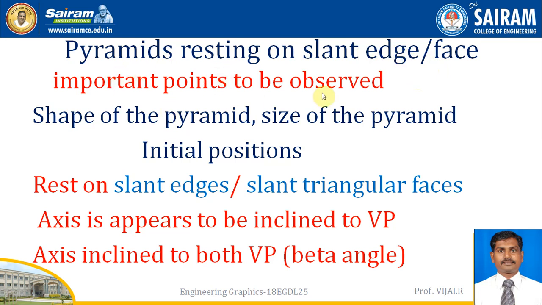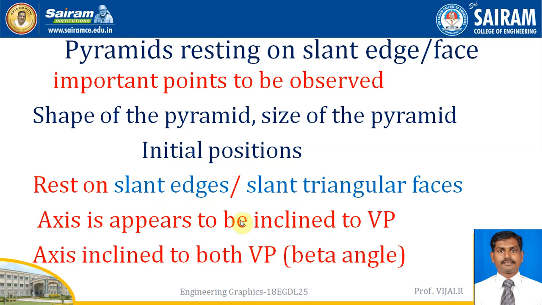And the important points we have to note are the shape of the pyramid and the size of the pyramid, either square, pentagonal or hexagonal pyramid, and the axis and the size are needed. And the initial position, how we are going to draw, whether it is resting on a slant edge or resting on a triangular face, is what we have to decide.